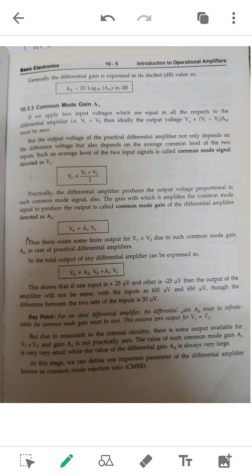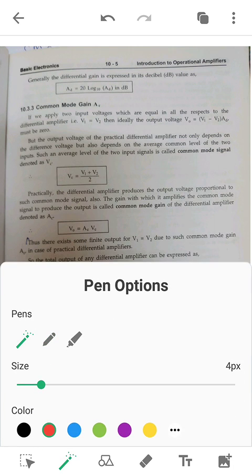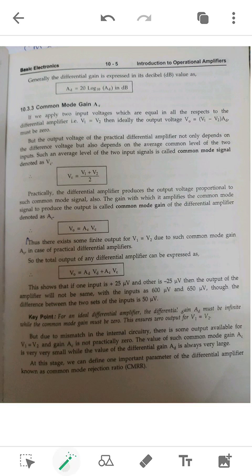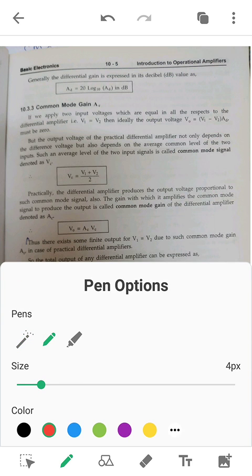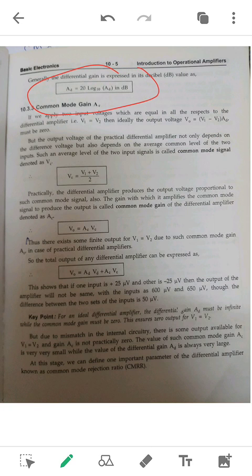If you are given the decibel form, the equation is AD equal to 20 log 10 AD, expressed in dB. But this is not AD, it will be VD, so you have to change the equation.